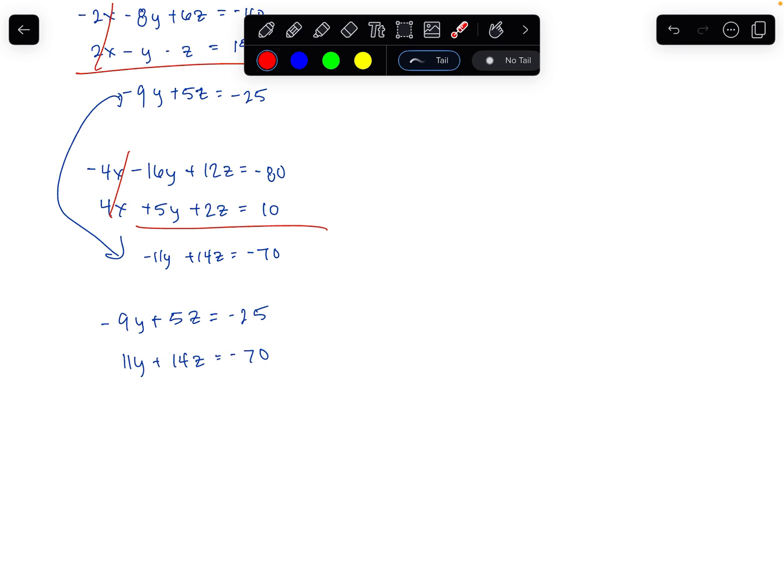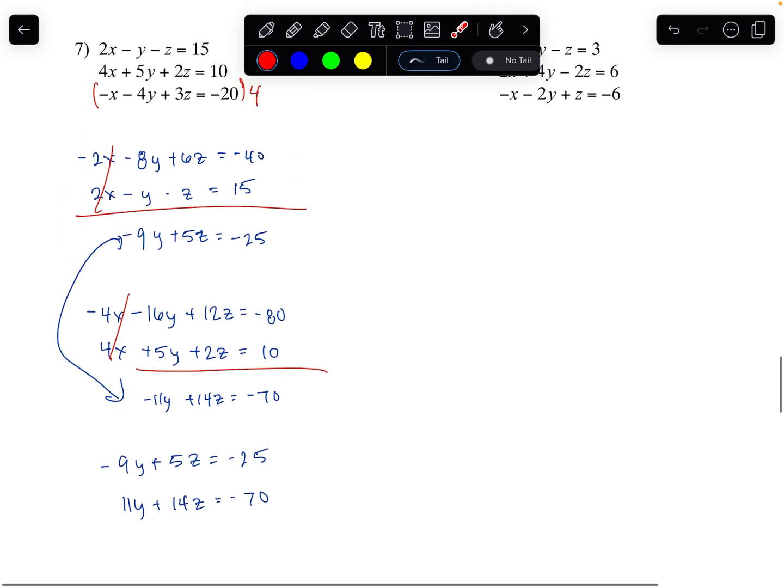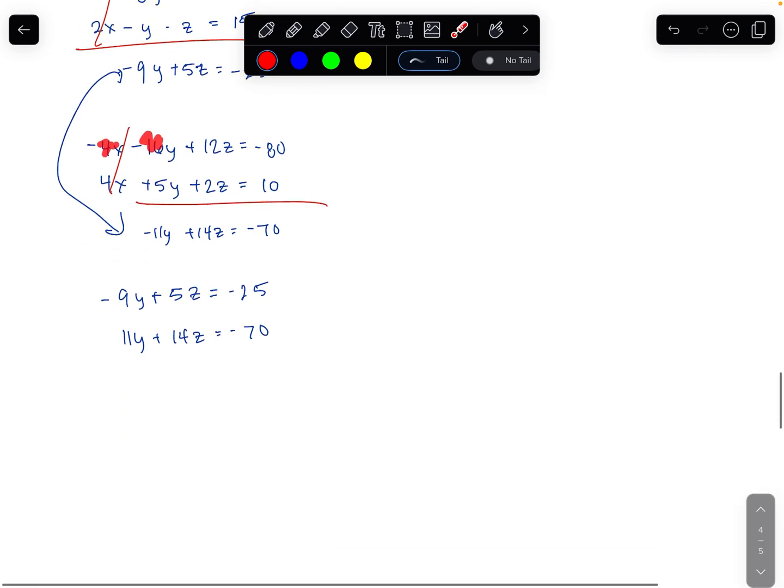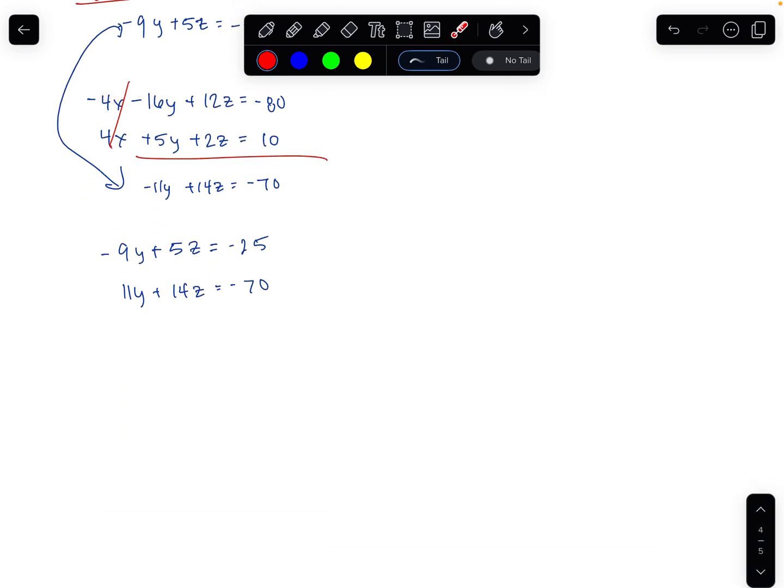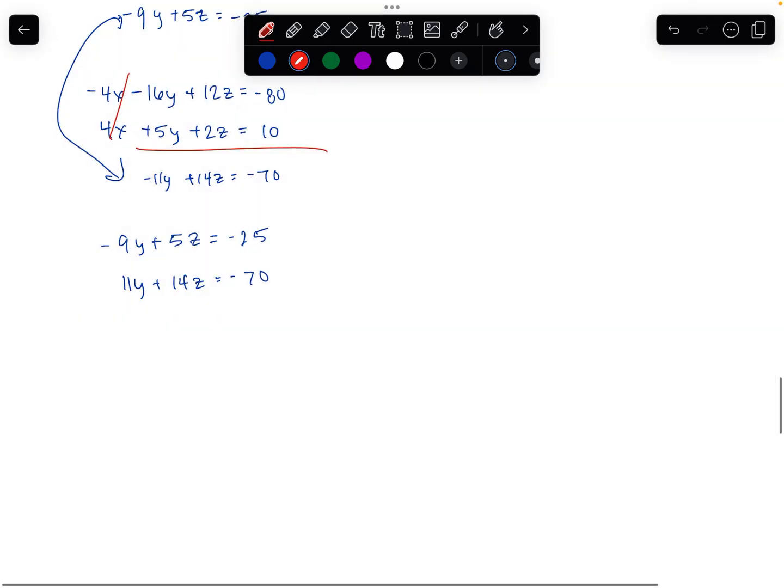I think I'm good. So negative 4x, that's what I got there. And then I got minus 16y, right? Plus 12z. Alright, well, let's send it and let's see what we get. Hopefully some good numbers.